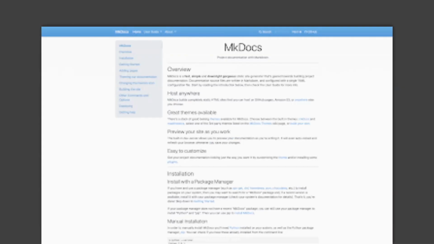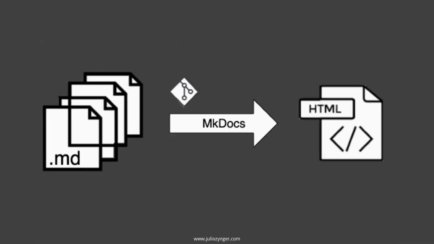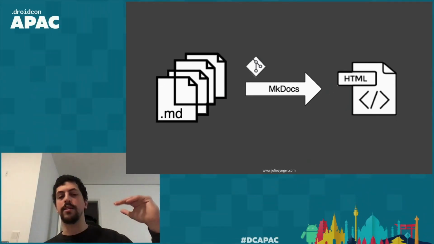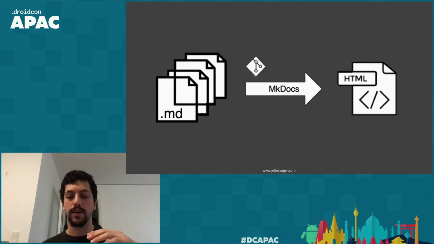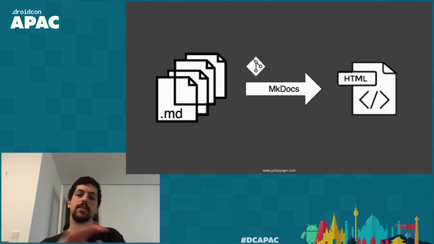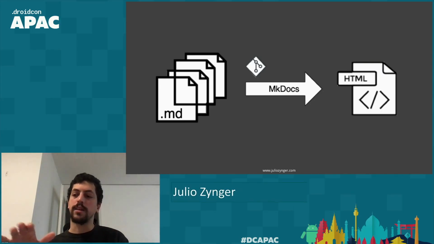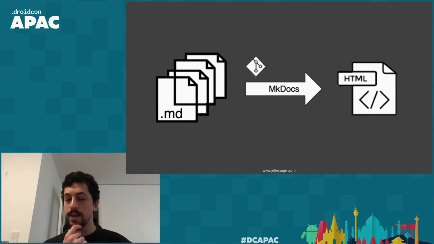It's a really interesting tool if you're interested in setting up a documentation website. How mkdocs works basically is that it takes the markdown files that you have in your system and then generates HTML out of it. So basically you can build a website out of the markdown files.